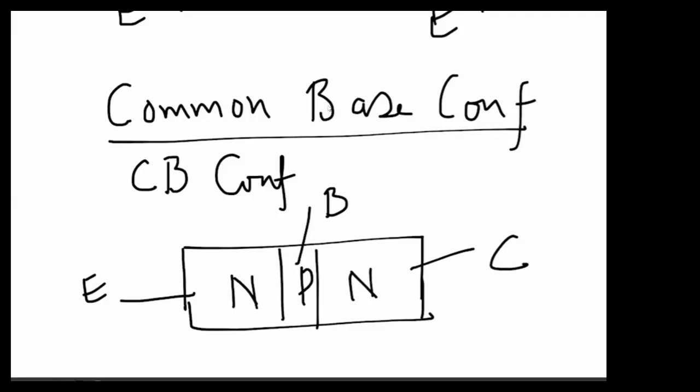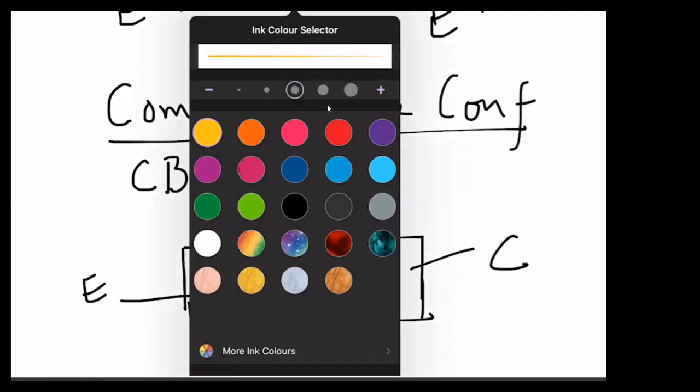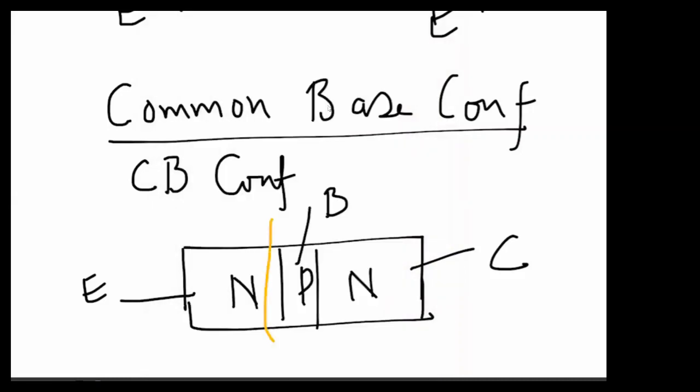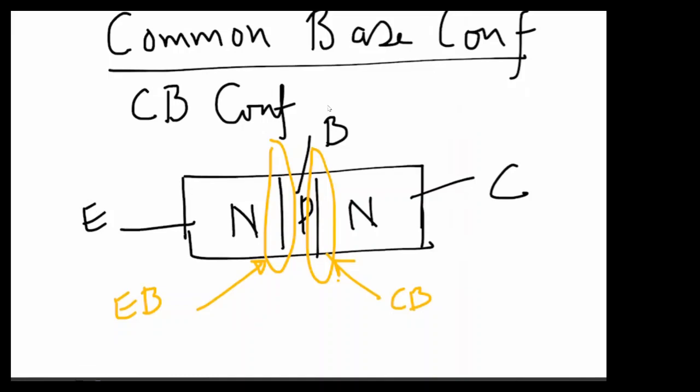So as we have got two junctions, one is the emitter base junction, in short we write EB, and the other one is the collector base junction, right?